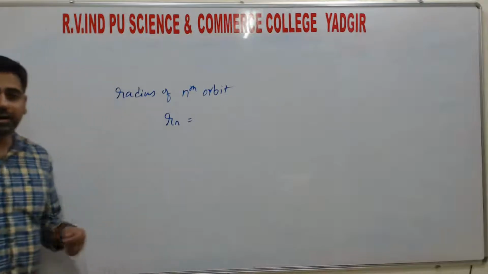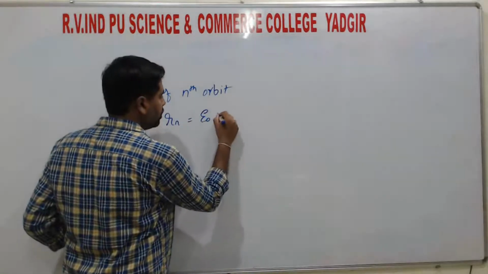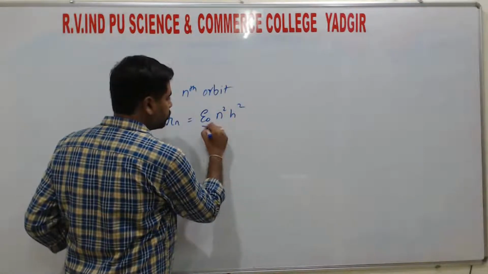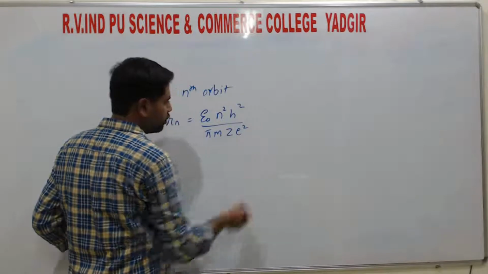That is, Rn is equal to epsilon naught n square h square divided by pi m Z e square.